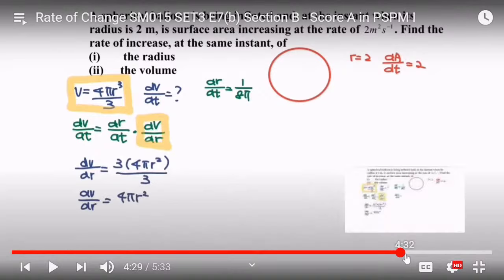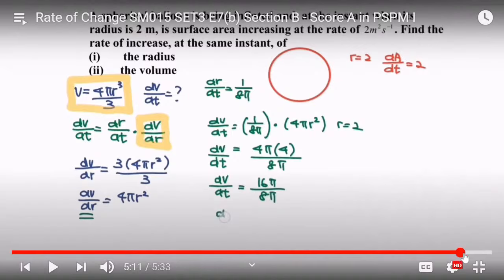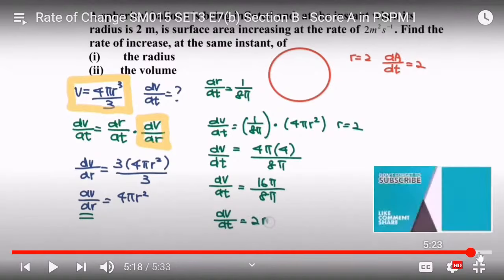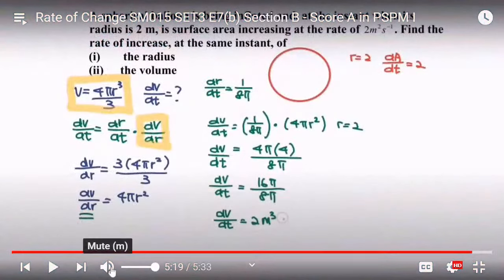Saya dapat ini, nampak? dV/dr is 4 pi r squared. Dan r saya 2 kan? So saya sekarang akan gantikan bahan saya. Okay, saya gantikan. Akhirnya, saya dapatlah jawapan saya. Boleh? 2 m cubed, lepas tu s negative 1 atau per second.